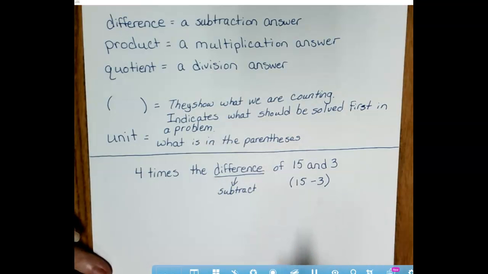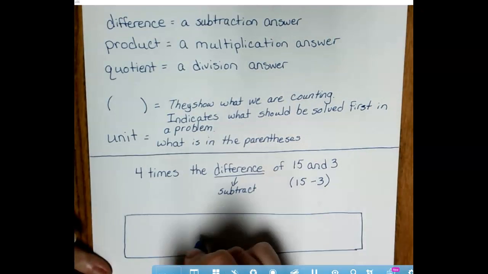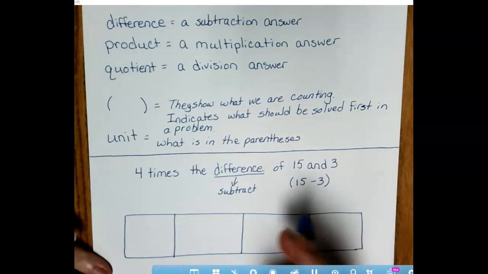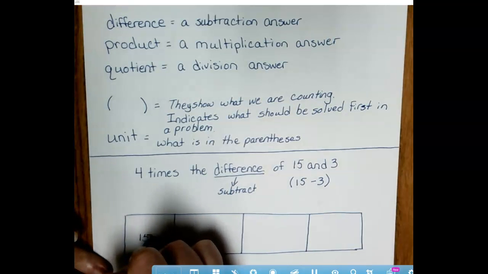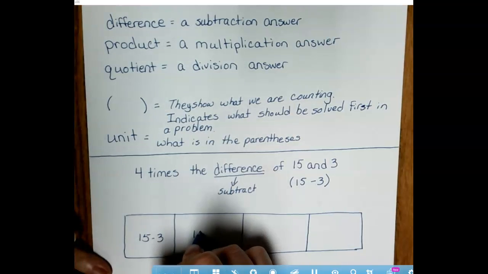So if I were to do this and draw a model, my unit, 15 minus 3, is going to be multiplied 4 times.